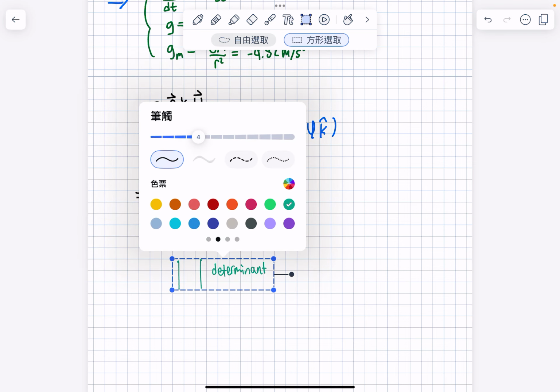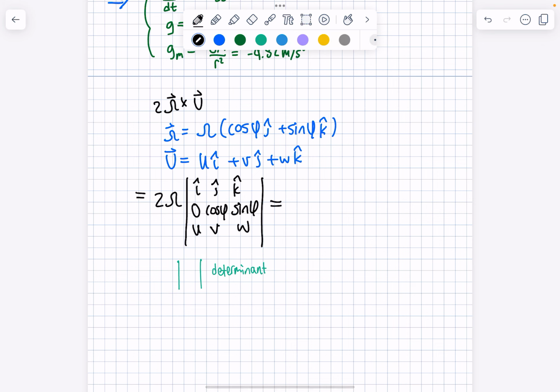Okay, great. So we have 2 omega. We will get a term that looks like this: I times this minus this times this.